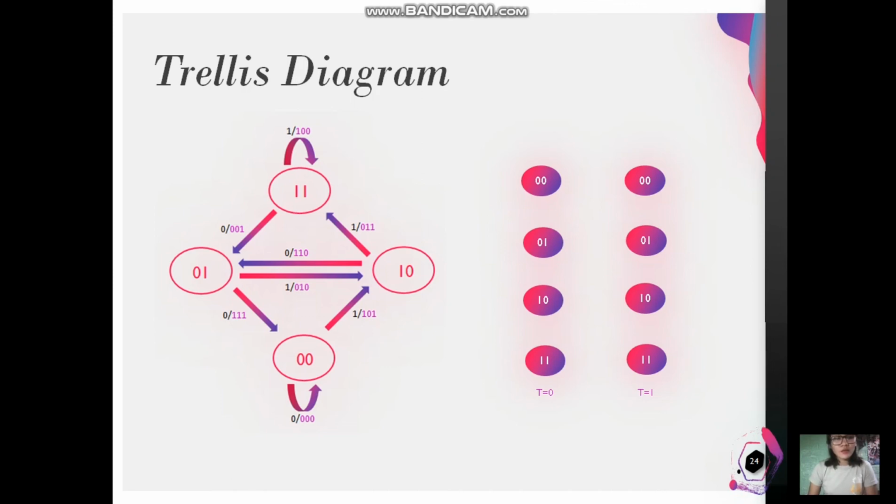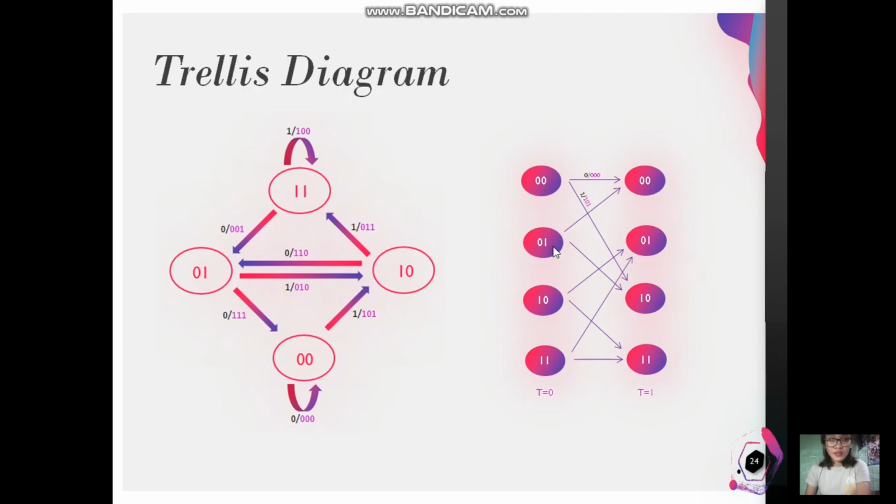So now let's start from the 0, 0 state. When the first input data 0 arrives, the state remains at 0, 0 with a corresponding output of 0, 0, 0. Second, from state 0, 0, when input data 1 arrives, the state transitions from 0, 0 to 1, 0 with the output of 1, 0, 1.